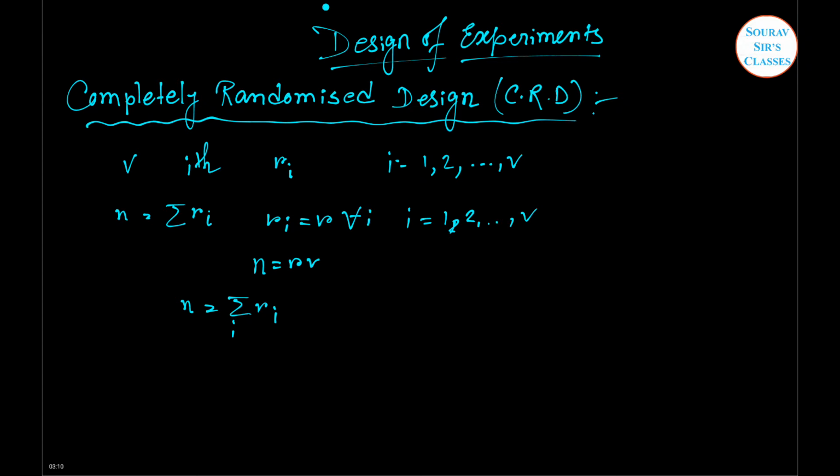The treatments may be numbered arbitrarily from 1 to v and the experimental units from 1 to n. R1 units selected at random from the n units using a table of random numbers may be allocated to the first treatment, and R2 units selected randomly from the remaining units to the second treatment, and so on.